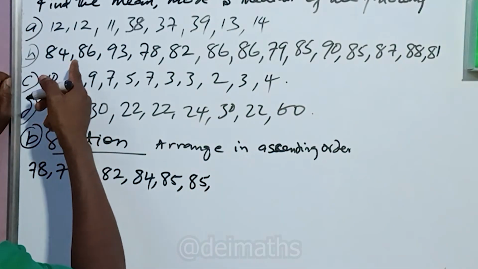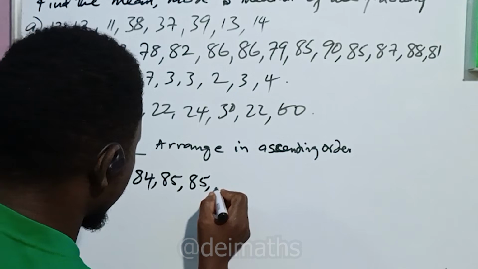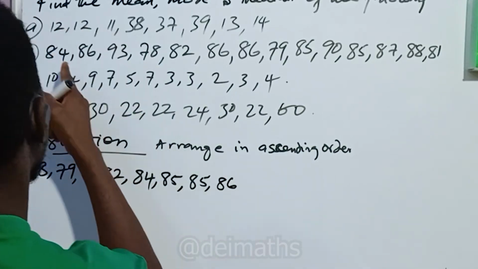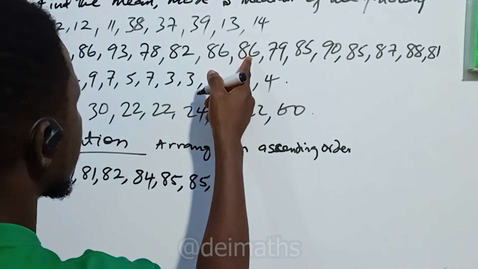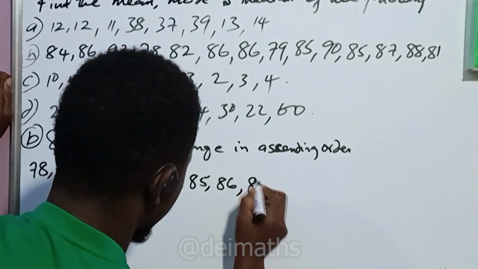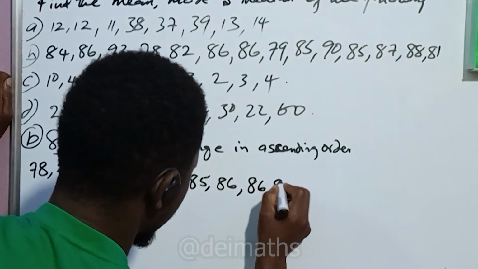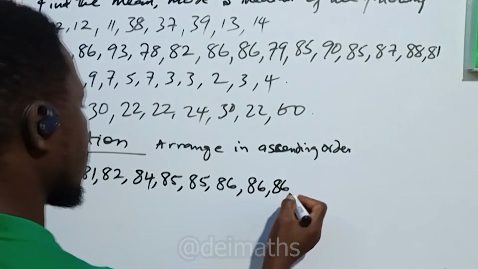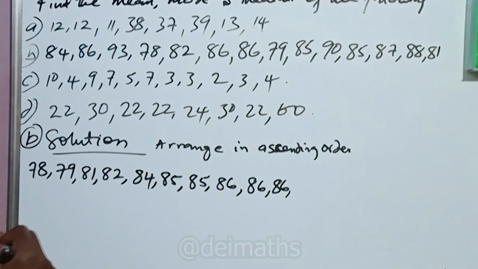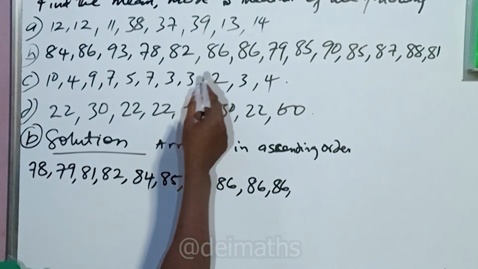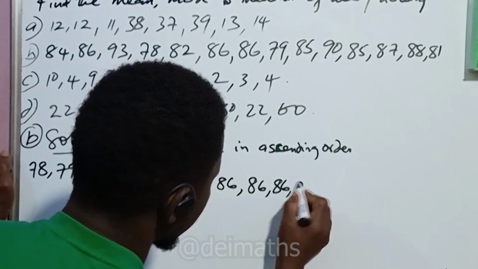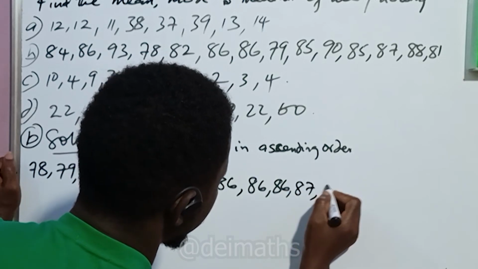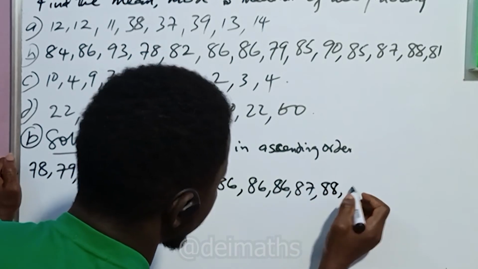Then we have 86. 86, 86, 86. That is 3 times. Now, do we have 87? Yes, 87 and 88. 87 appeared once, 88 appeared once.